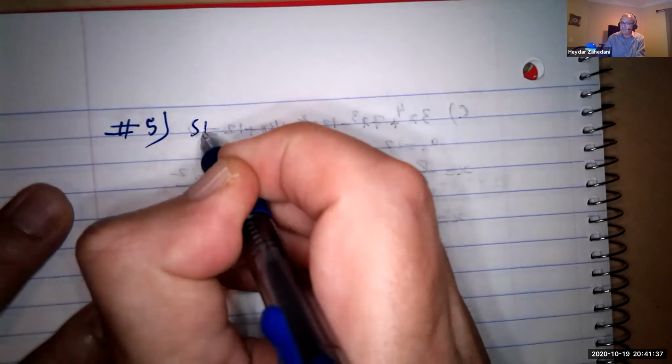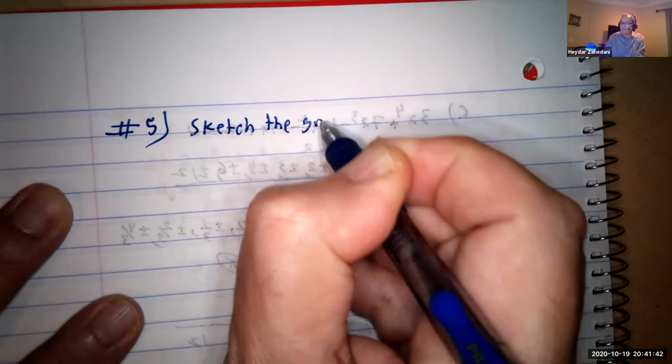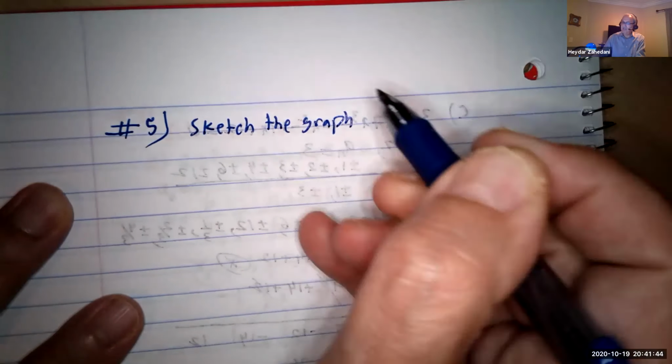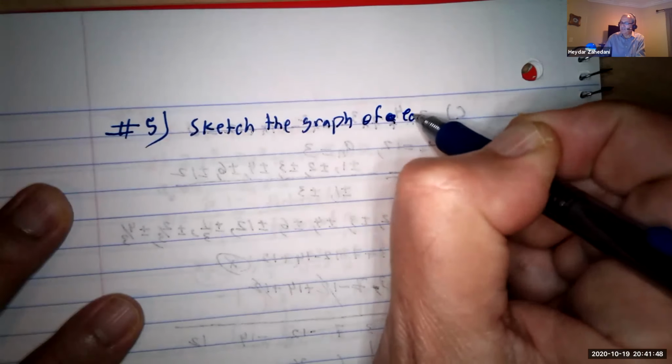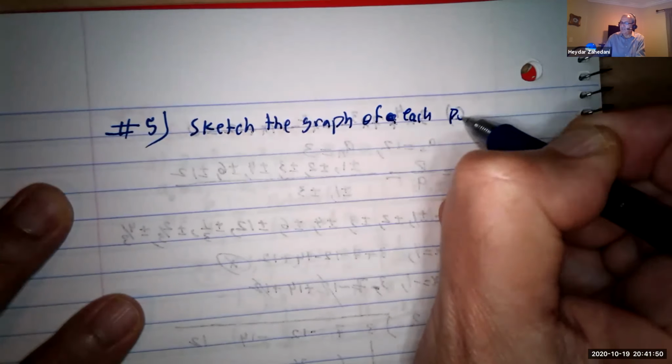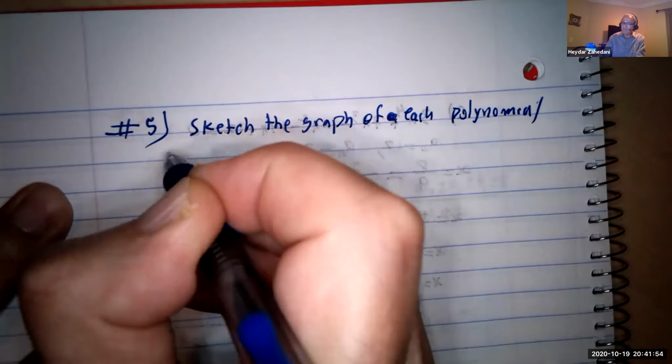Okay, sketch the graph of a polynomial function.